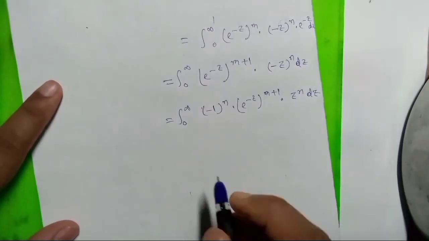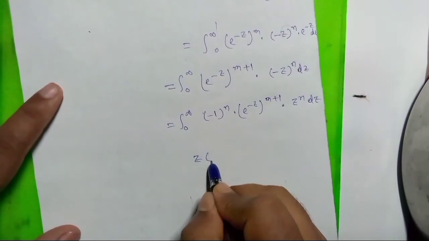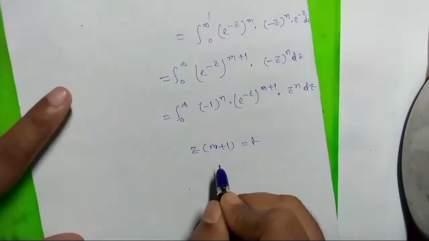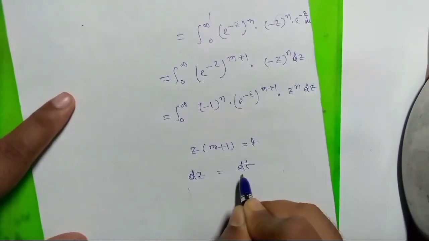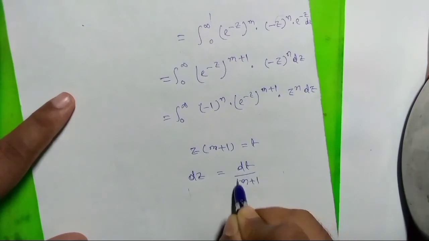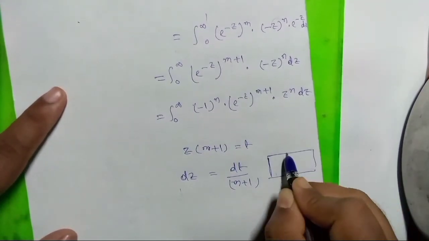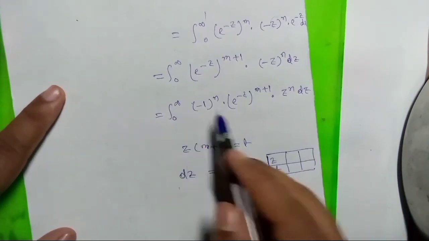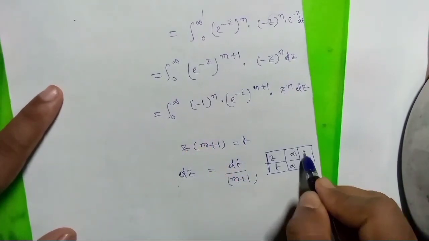Now we consider z into (m plus 1) is equal to t. Therefore dz is equal to dt divided by (m plus 1), and the limits: when z is infinity, then t is also infinity. When z is 0, t is also 0.